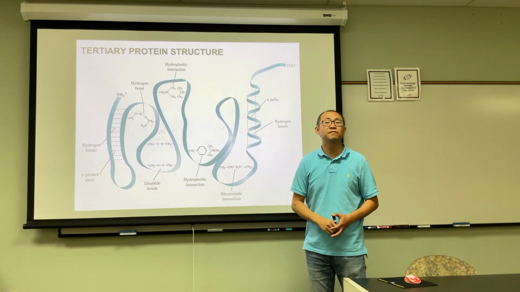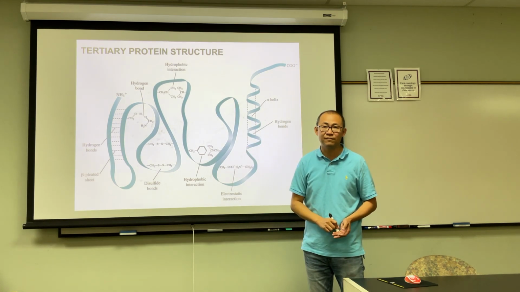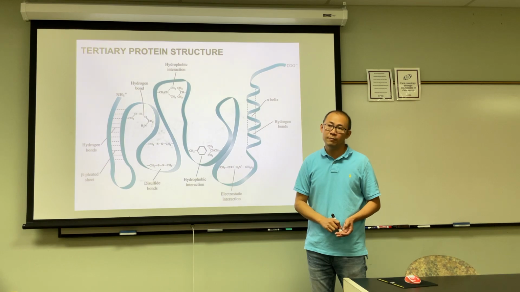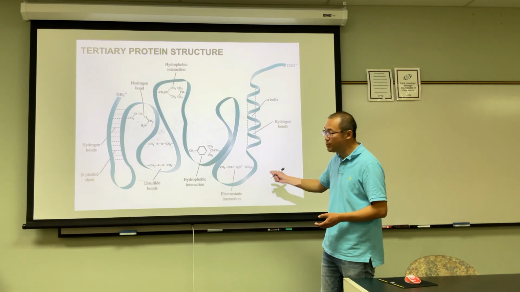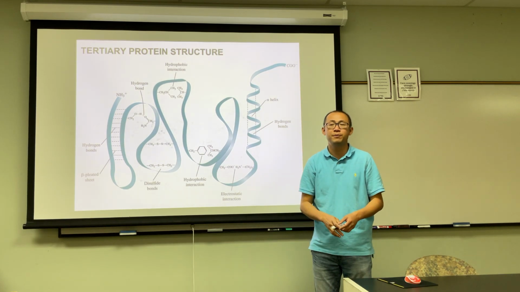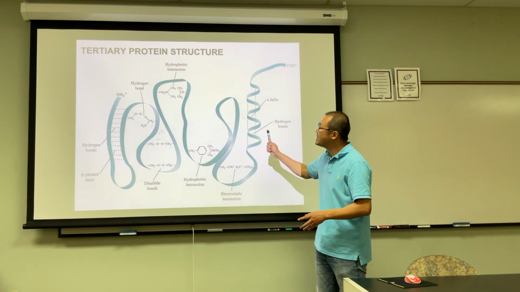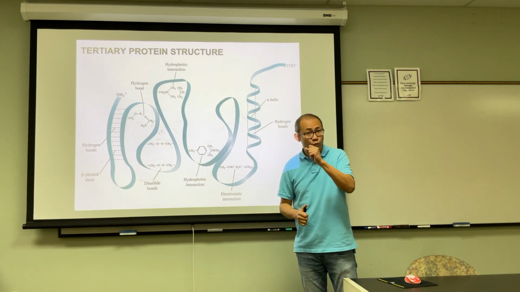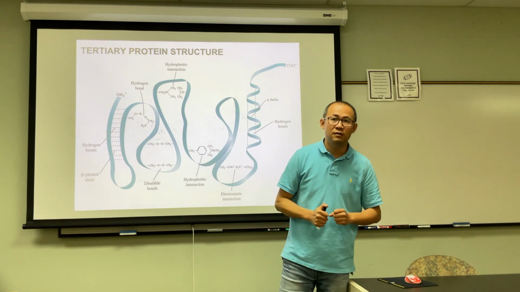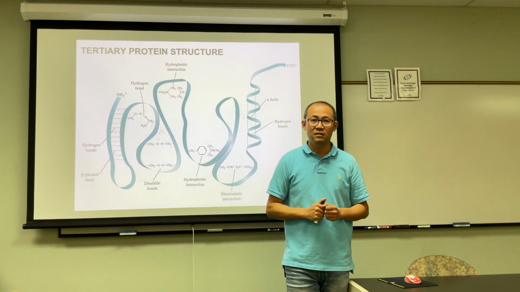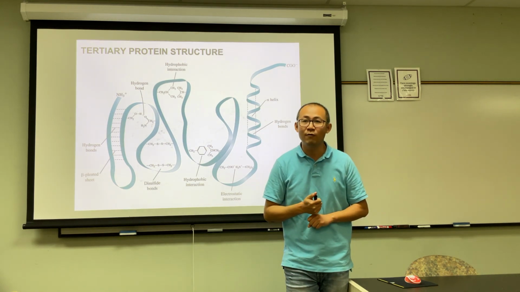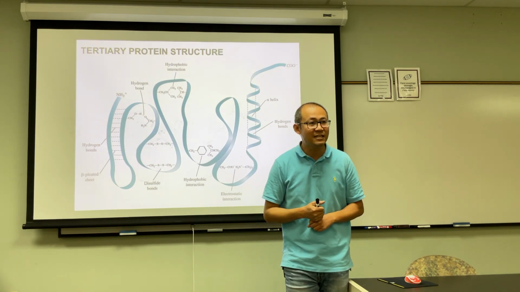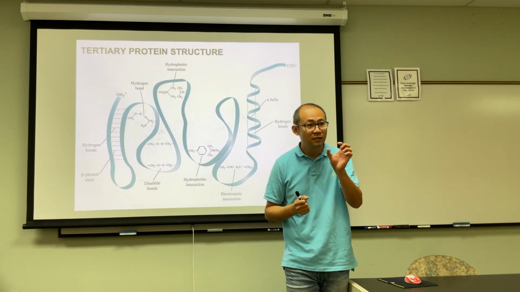How many types of tertiary interactions can contribute to the real tertiary structure of a protein? In order to understand this, we have to review one topic we learned in the beginning of this class, the classification of amino acids. Remember we said amino acids can be classified by their what?